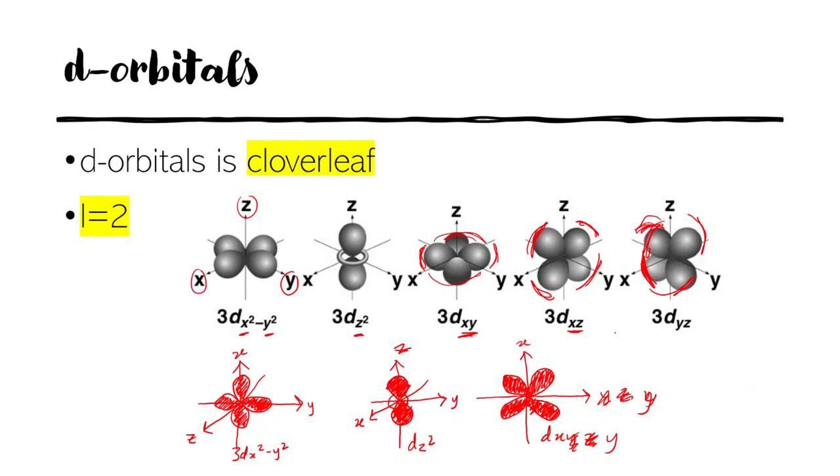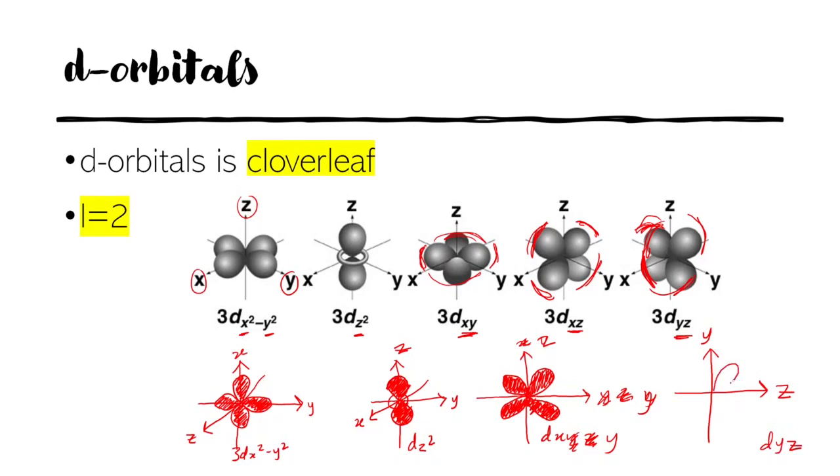Okay, I'll draw it, maybe you cannot see from what I say. Let's say you want to draw dyz. Oh, sorry, you need to change this one into z. So let's say this one is y, this one is z. We want to draw dyz, so dyz is in between.